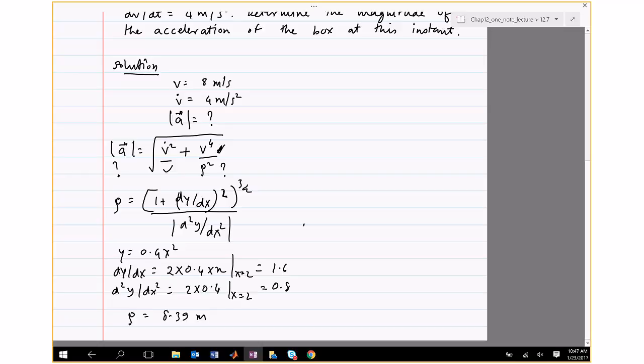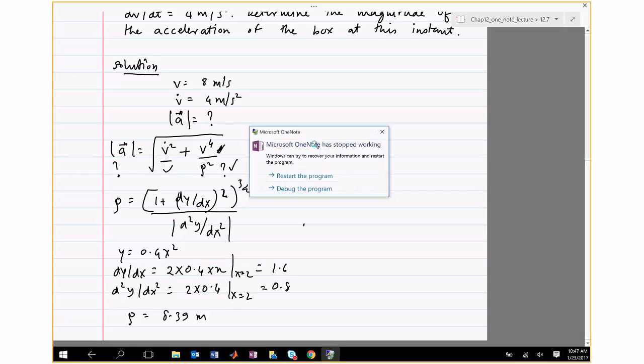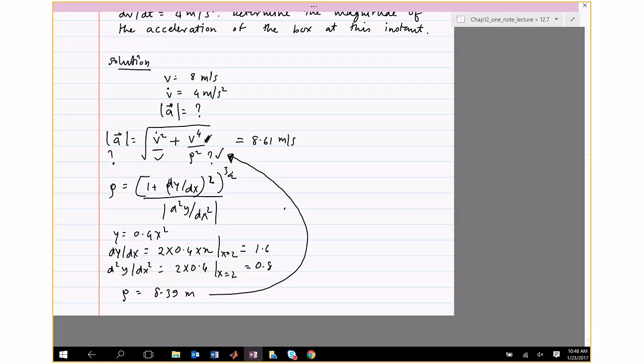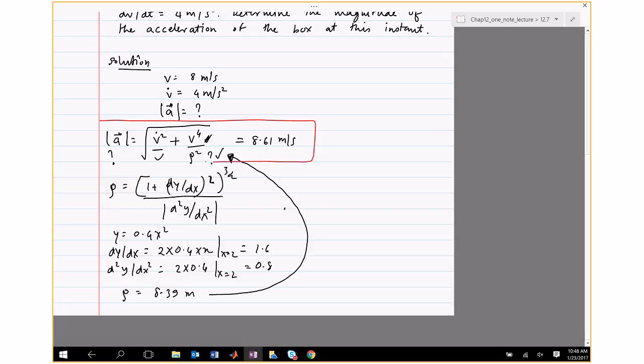So once you get rho, you can solve for a, that's 8.61. Okay, is that clear?